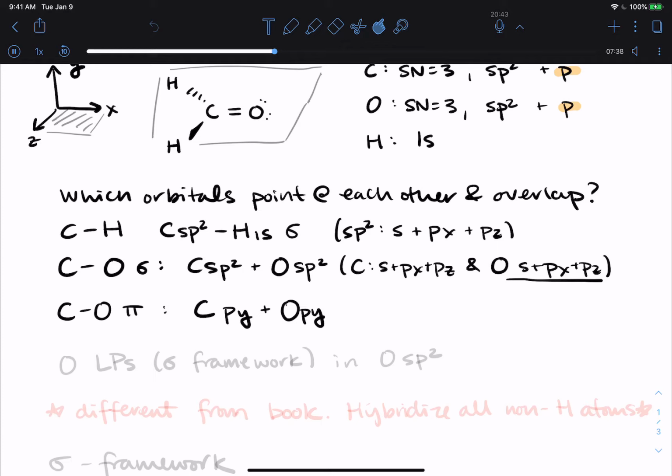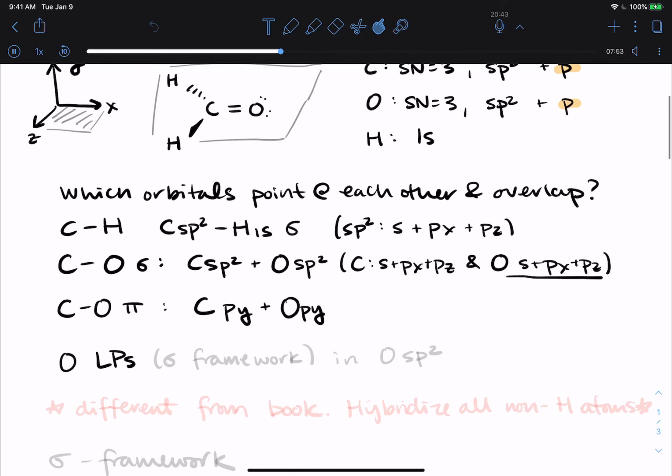Now, I have one more thing. This accounts for all of the bonds, but oxygen also has lone pairs on it. So the oxygen lone pairs are going to be a part of our picture in the sigma framework. So just when you see later problems, it'll ask you to draw the sigma and pi separate.